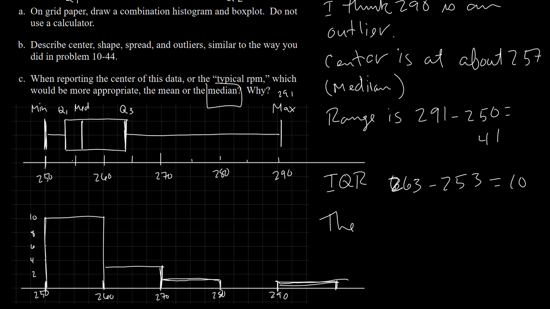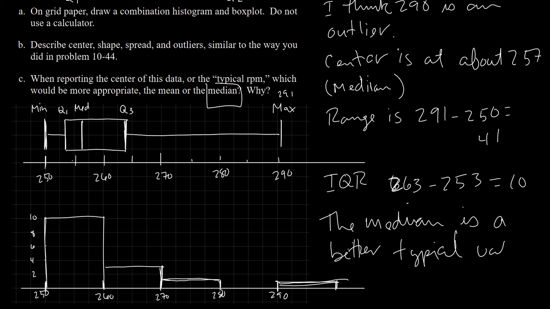It'd be nice if I could spell that correctly, especially because it's on this page. Median is a better typical value because of the presence of an outlier. All right, that's it.